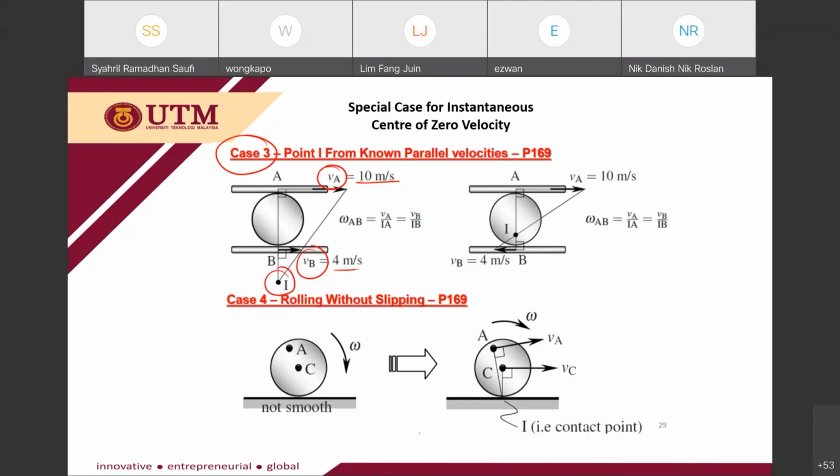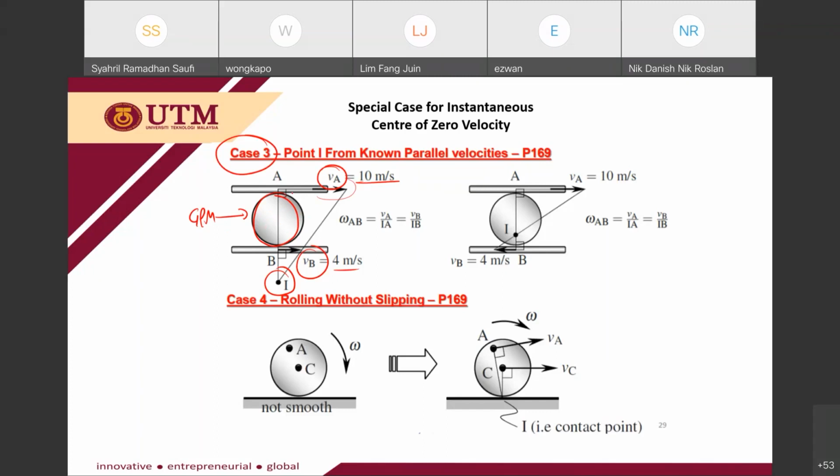For this roller, even though the direction is the same, the magnitude is different, causing this roller to become GPM. If this roller becomes GPM, then you can determine the instantaneous center of zero velocity.